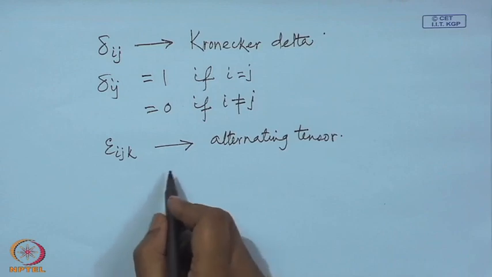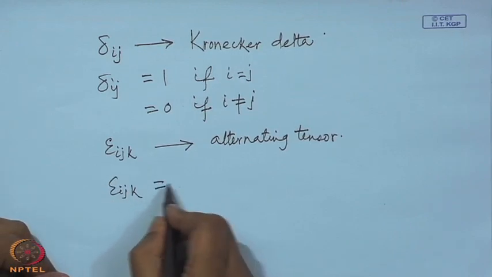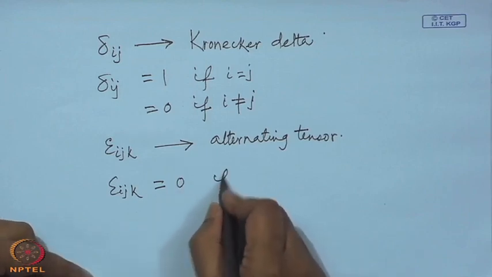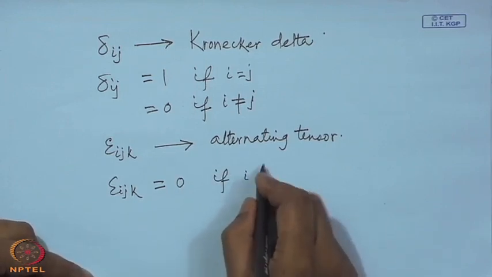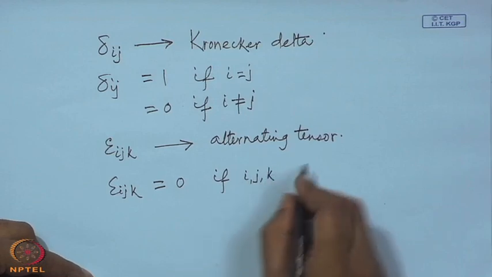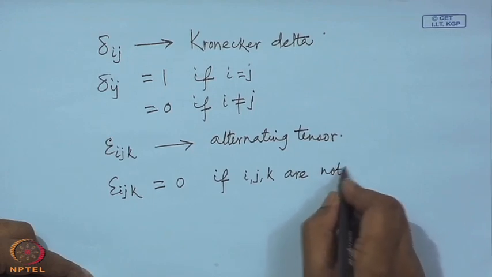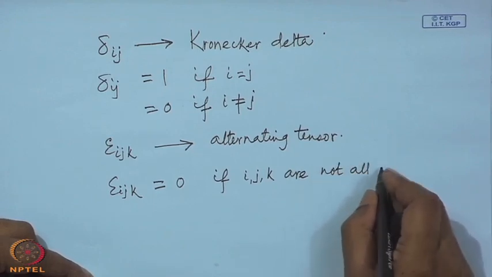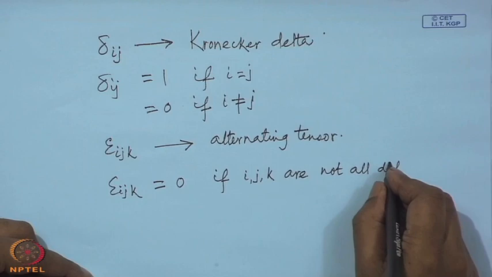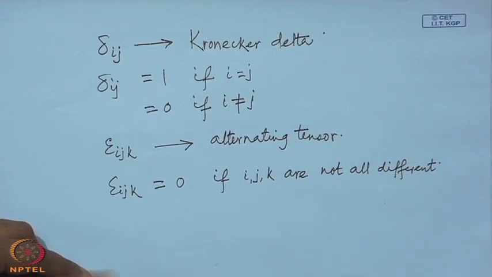It is like that: epsilon ijk equal to 0 if i, j, k are not all different.